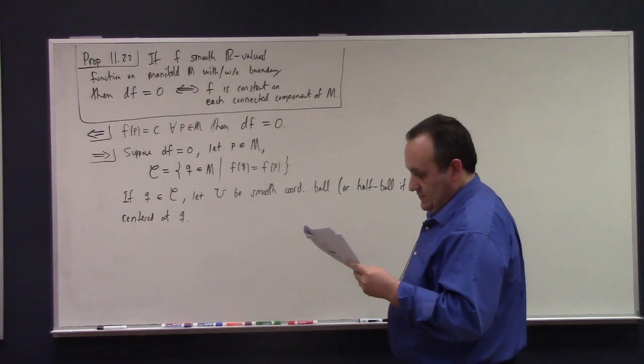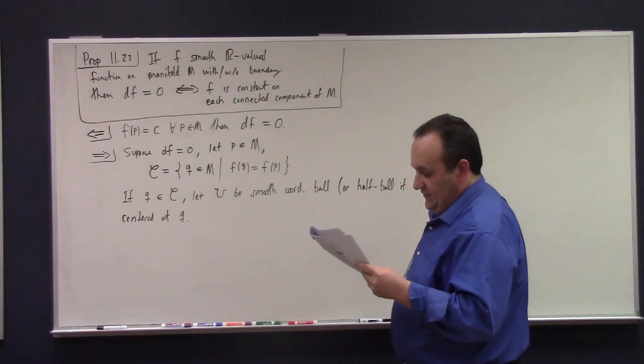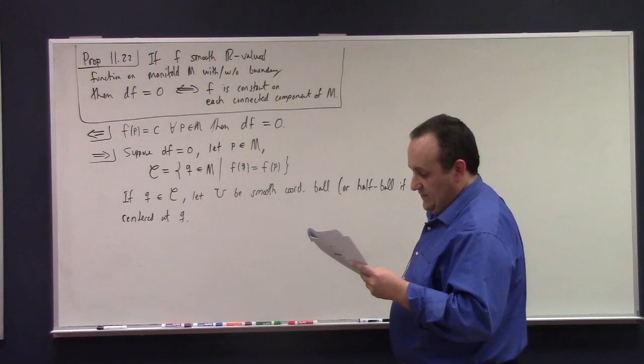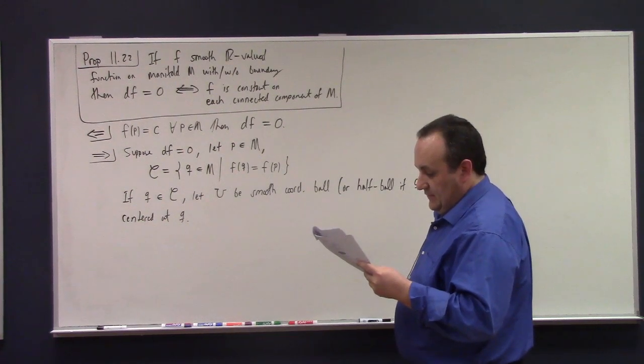Then he says from 11.11 we see that partial f partial x^i is identically equal to 0 on U for all i.